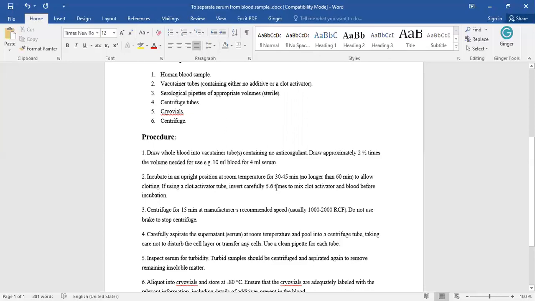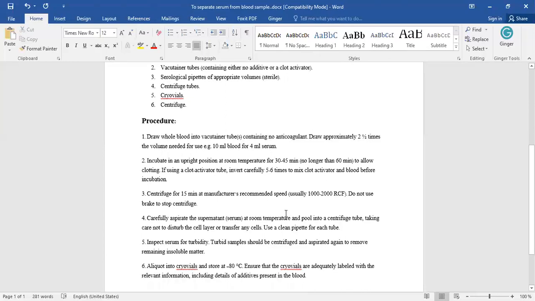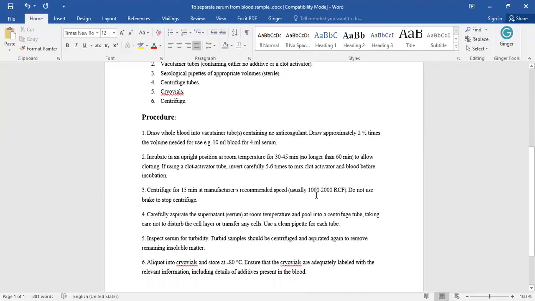So we are incubating the blood so that it can get coagulated, and after coagulation we centrifuge the blood in centrifuge tubes. What will be the speed?